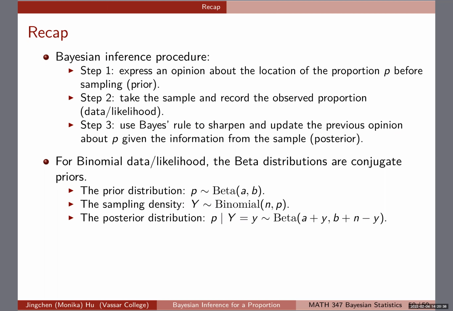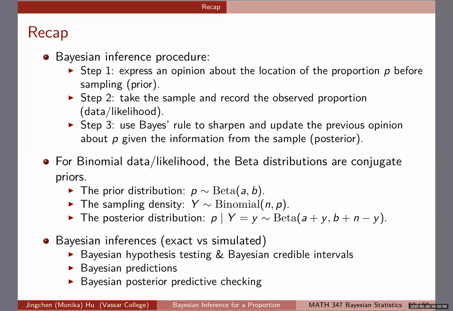And that's why sometimes it's useful to not hard code the values of a and b into a + y and b + n - y. You can just always write a general function, and then you can supply the values of a, b, and y later on if you want to make your R function more general. But again, that's just a preference thing, and you should always do what works for you, and you will learn through the process as well.